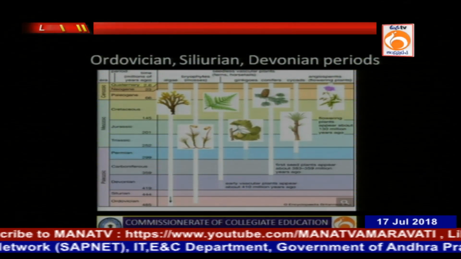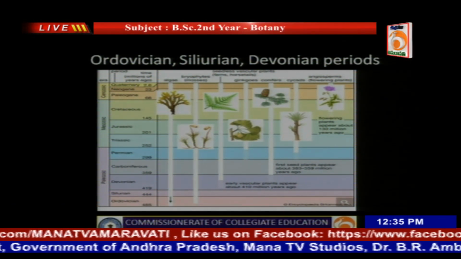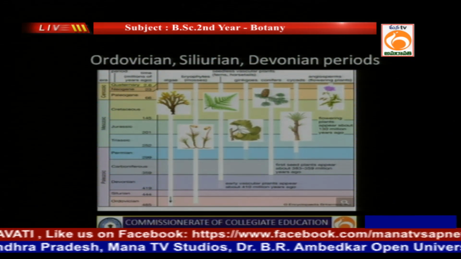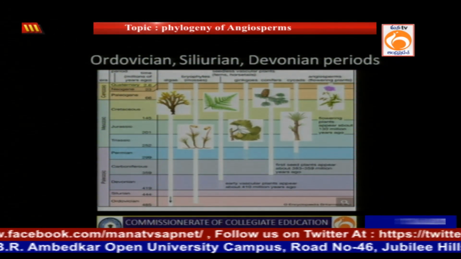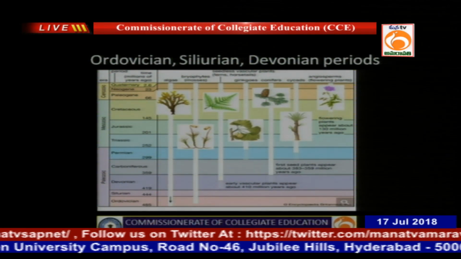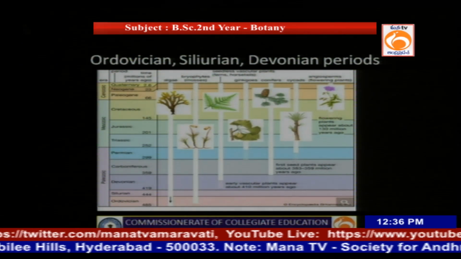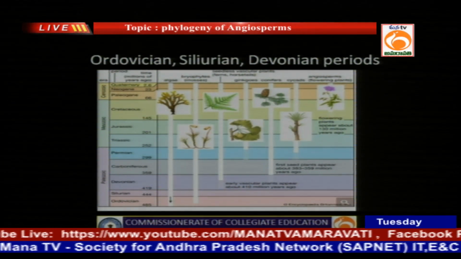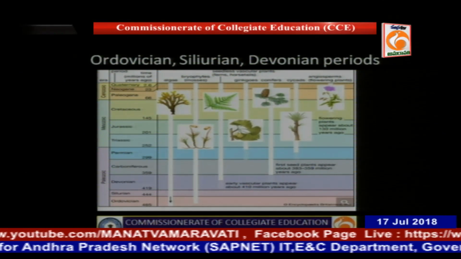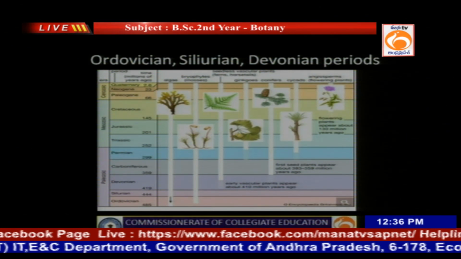I have started with the Ordovician period, when the plants actually first appeared. Even though they appeared in the Ordovician period, they did not resemble modern plants until the late Silurian period. By the end of the Devonian period, about 360 million years ago, there were a lot of structural and shape differences by which we can define the modern plants.